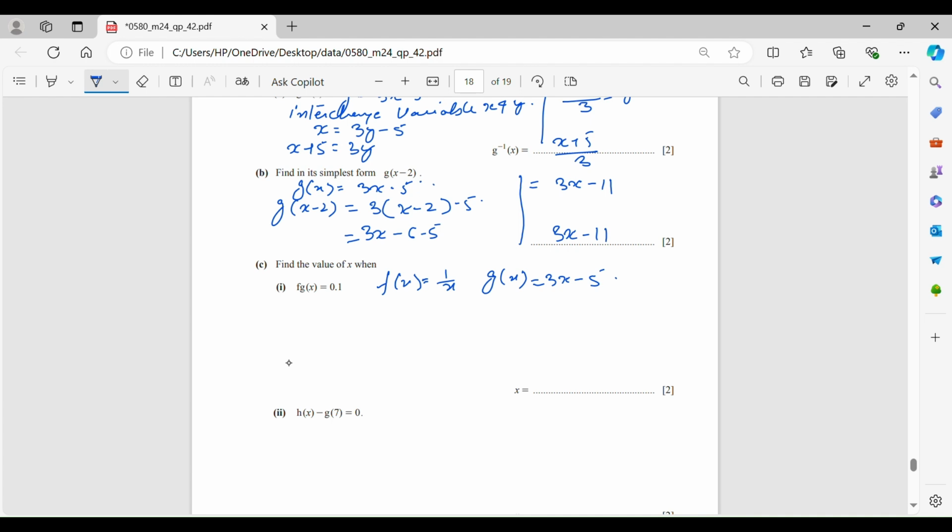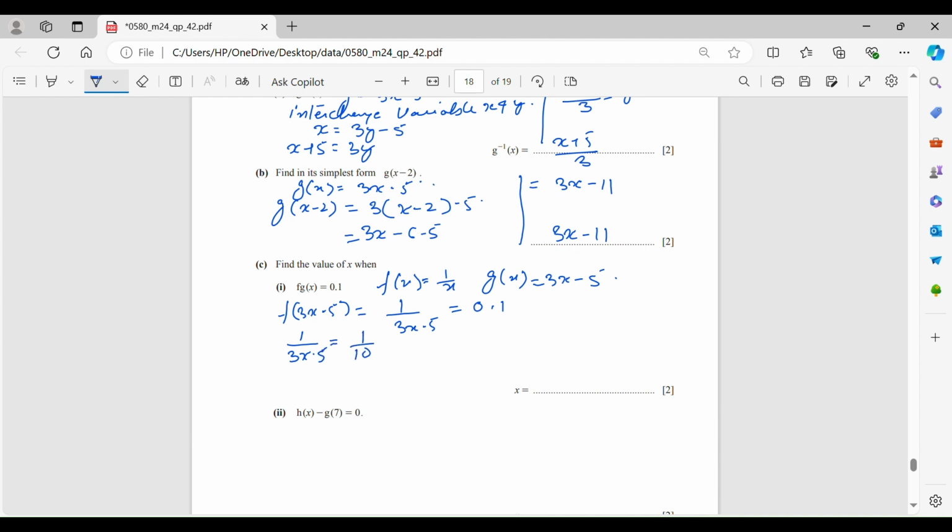So f(3x minus 5) will be equal to 1 by (3x minus 5), which is equal to 0.1, and 0.1 can be written as 1 by 10. So 1 by (3x minus 5) equals 1 by 10.